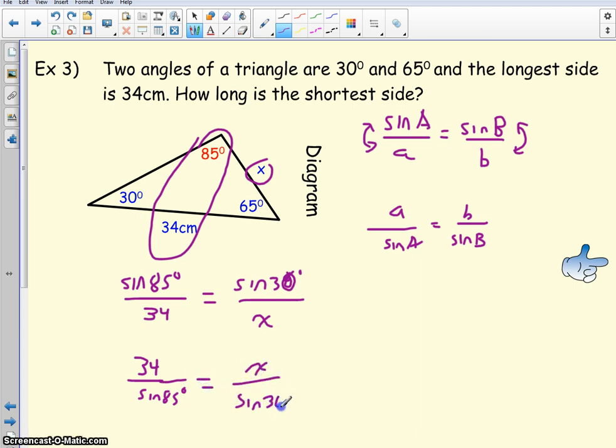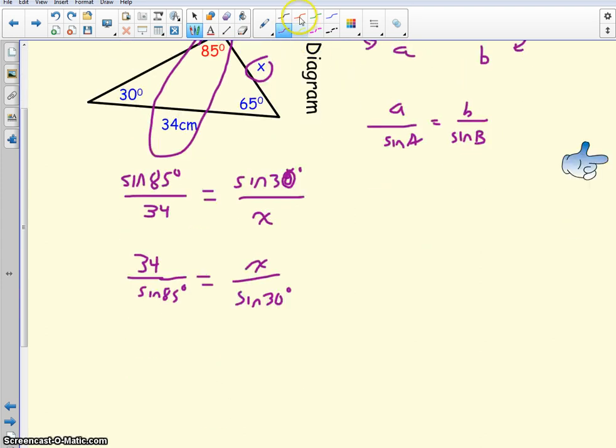Where this becomes a little bit easier now is that in terms of the algebra to solve this, all you need to do is multiply both sides of the equation here by sine 30, whereas up from here I have to multiply it by x, and then multiply both sides by 34 and divide by sine 85. So it cuts down the algebra a little bit, which is never a bad thing, especially if you're pressed for time. So you can keep that in mind and use that as a potential way of getting to your answer as well.